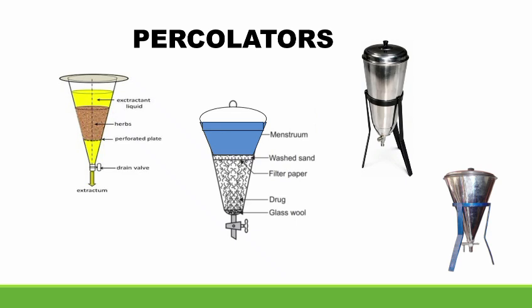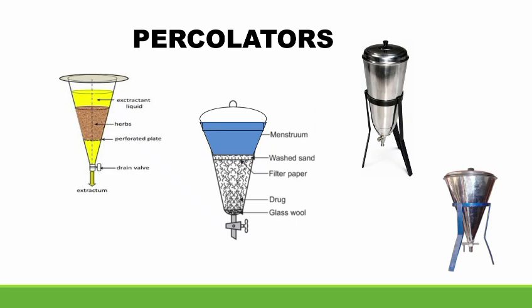At the bottom of the percolator there is a small drain valve, which is used for draining our extractum after the extraction from the crude drug. Within the picture we can easily identify where we will keep our herbs or the crude drug for extraction. The top has a wide opening and the bottom has a drain valve.